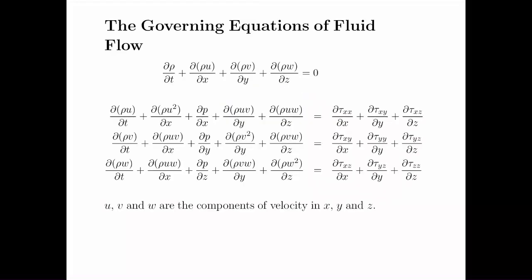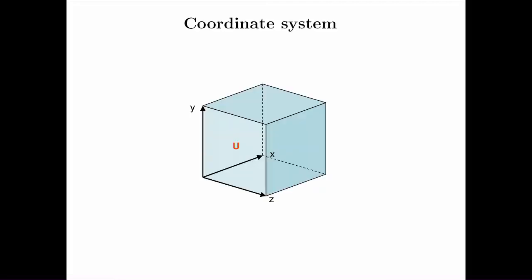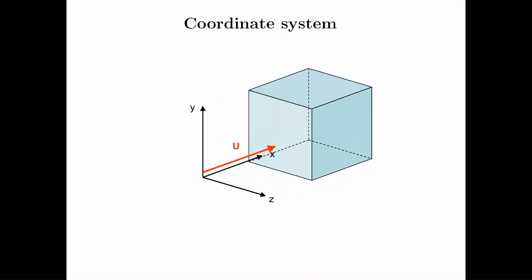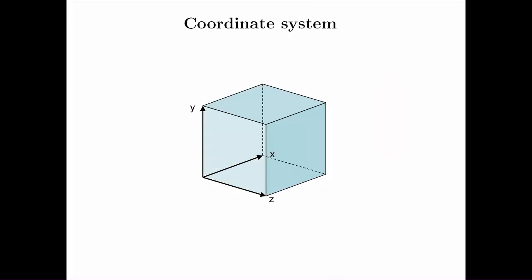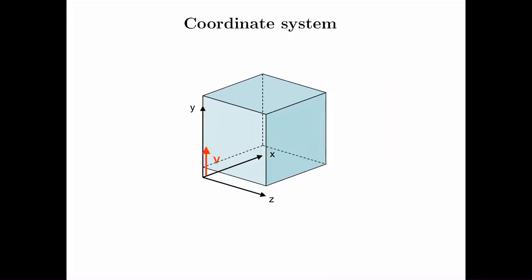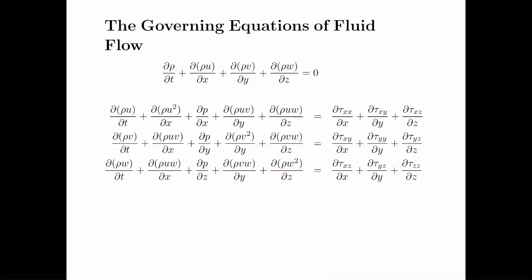The variables u, v, and w are basically just your velocities in the x, y, and z direction. So u is in the x direction, your velocity v is in the y, and w is in z.